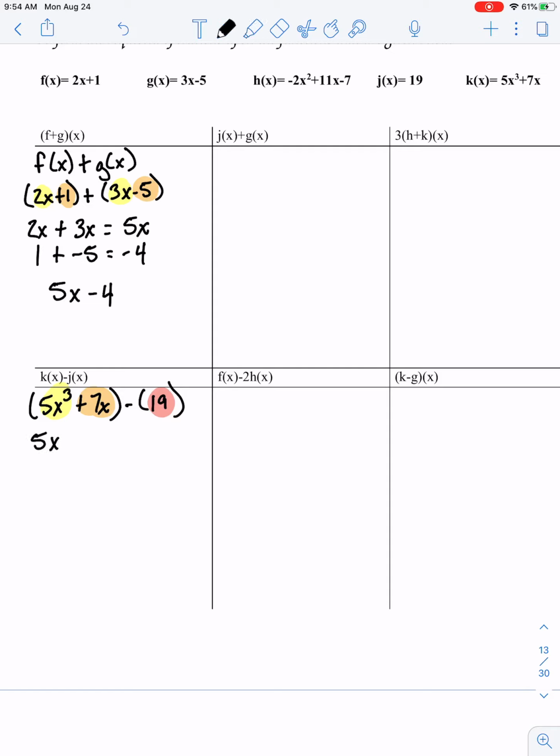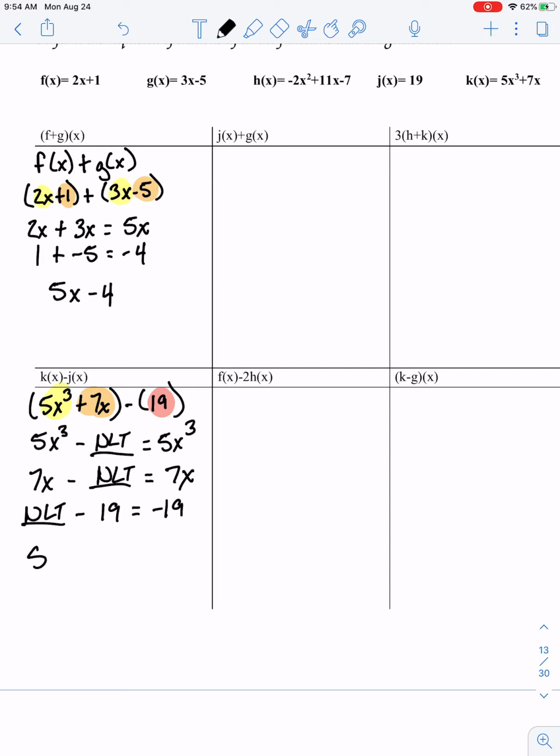So 5x cubed minus nothing, so I'm going to say no like term, is just 5x cubed. 7x minus, again, no like term on the right is just 7x. And then no like term on the left minus 19 is negative 19. Again, then come in, rewrite this all as one function. 5x cubed plus 7x minus 19, and that's my answer.